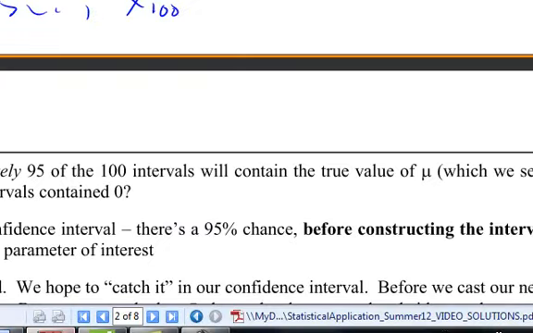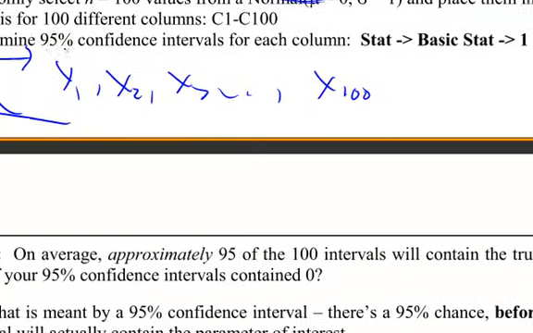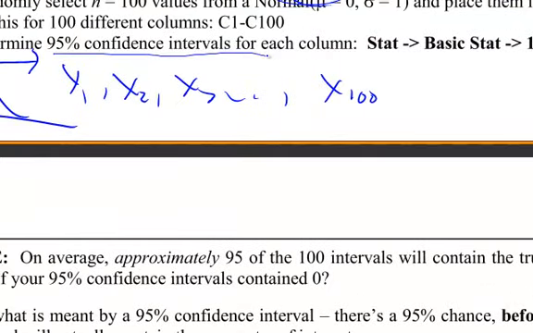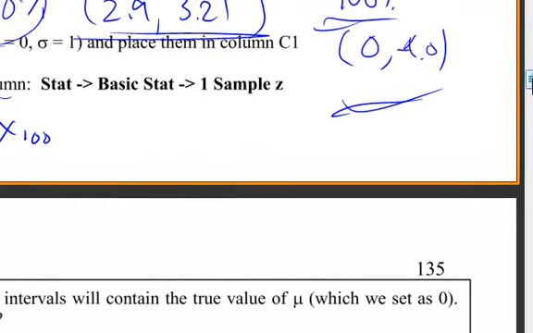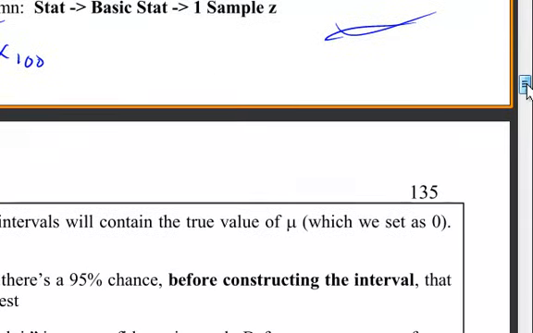So let's go back to the lecture. What I did is I made 100 observations of a normal 0, 1. I did this for 100 different intervals, and I actually built 90% intervals, and we saw that only about 13 of them didn't have mu, and about 87 did.